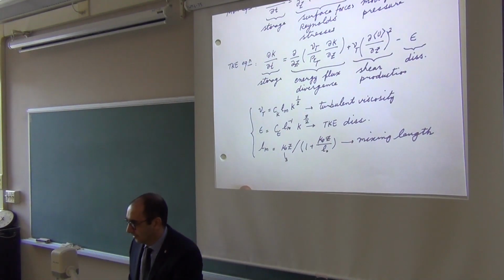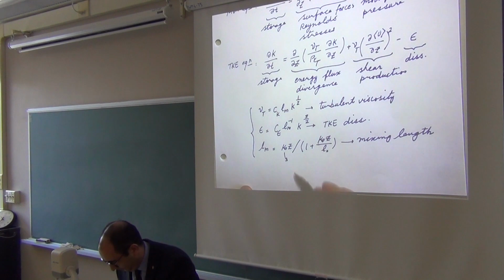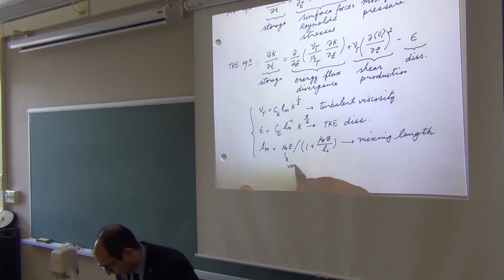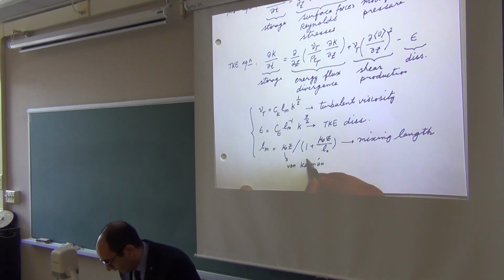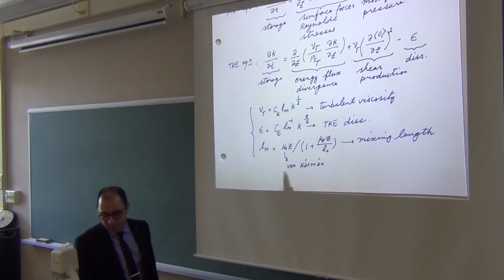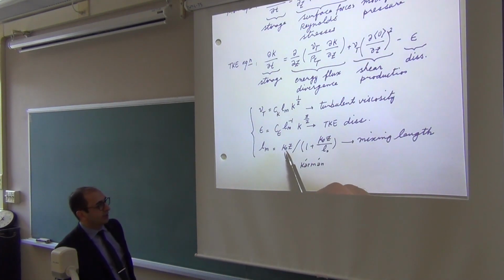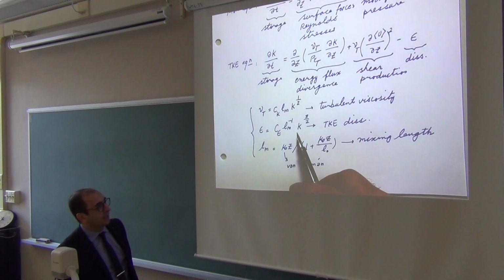Kappa. What's kappa known as? The von Karman constant. So I'll try to write kappa in a cursive or curly way so you can distinguish. I mean, the leg is twisted here. So that's different from K.